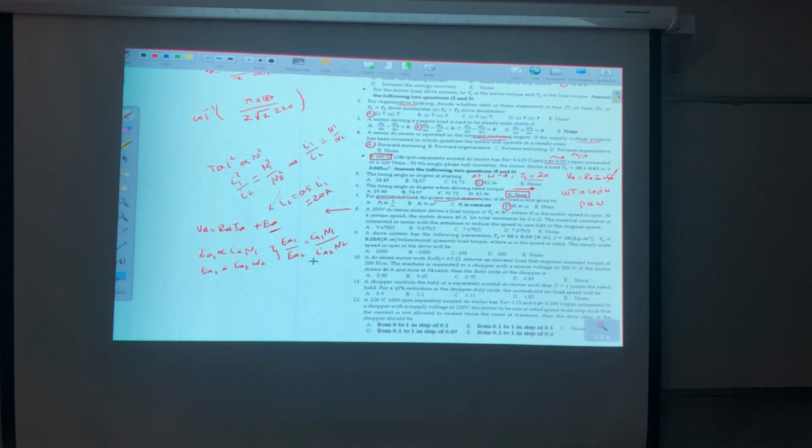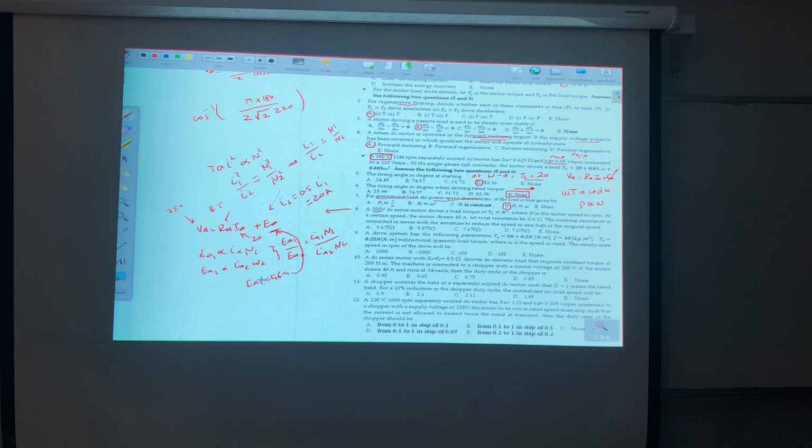If I do the math, E2 will equal 6.5. Now this one we plug here: this one is 20, this one is R total, and this one is already given, 250.